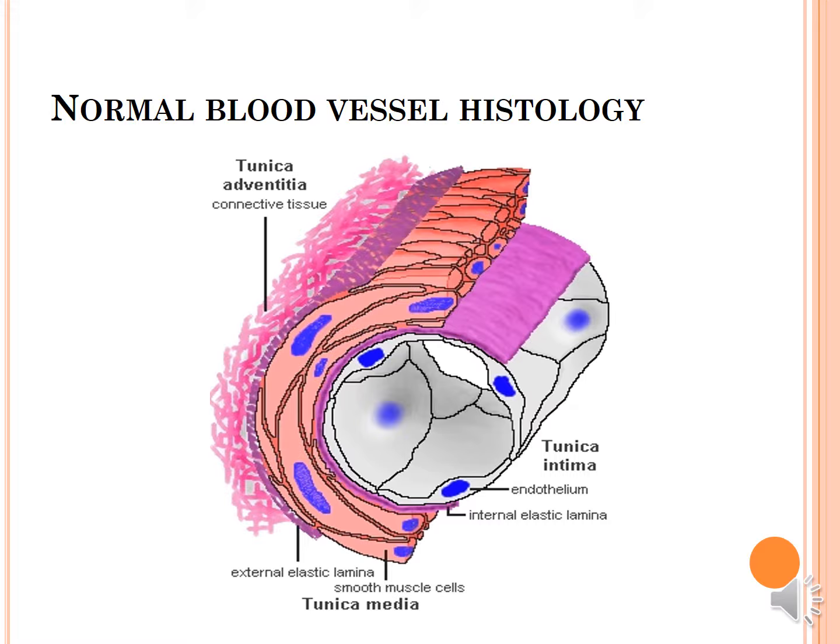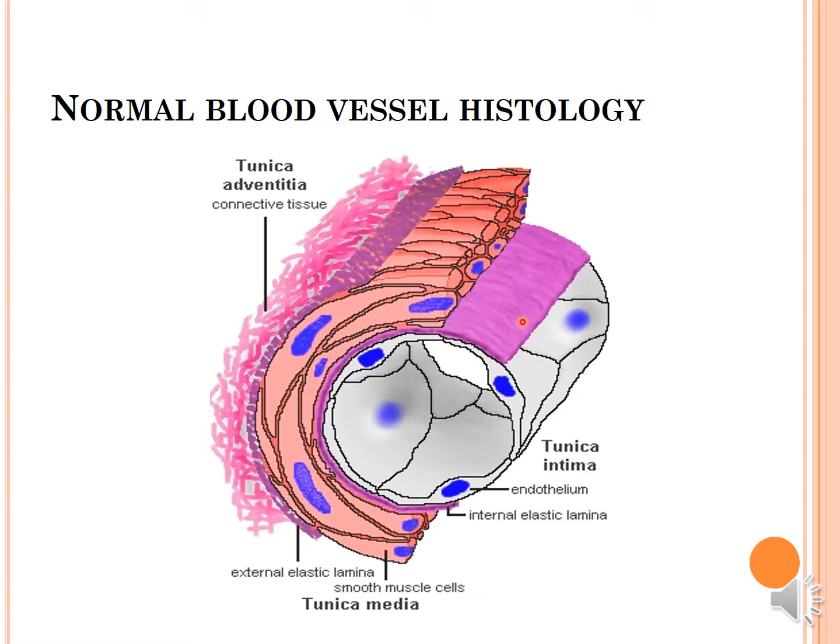Now, regarding the histology of the blood vessel, all types of blood vessels are composed of the same three layers. These three layers are called tunica intima, tunica media, and tunica adventitia.